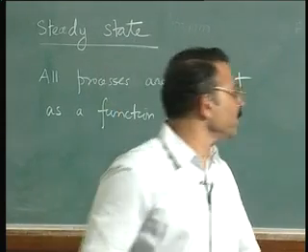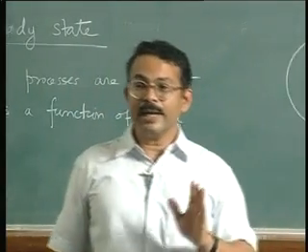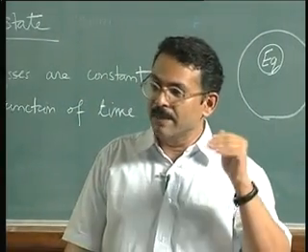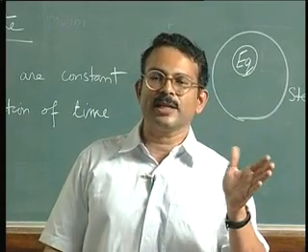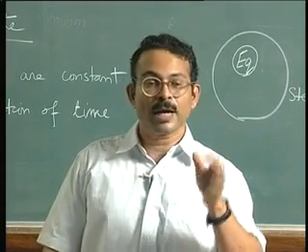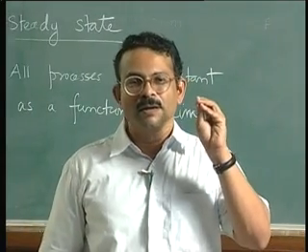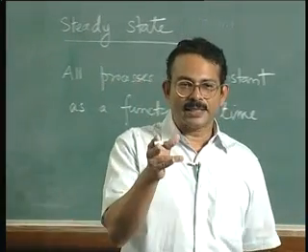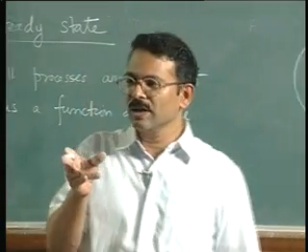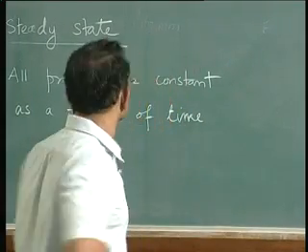But the importance of steady state is similar to the importance of equilibrium. Many dynamic conditions, that is non-steady state conditions, where parameters vary as a function of time, can be treated as small deviations from steady state condition. That is why you will find for transient analysis they will attach a phrase called quasi steady state analysis or quasi static analysis.